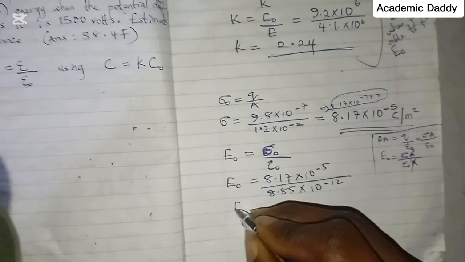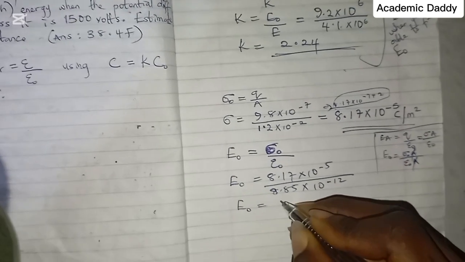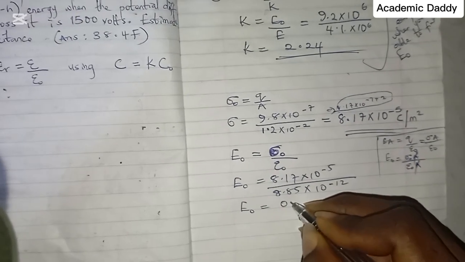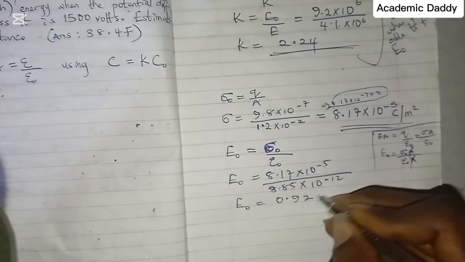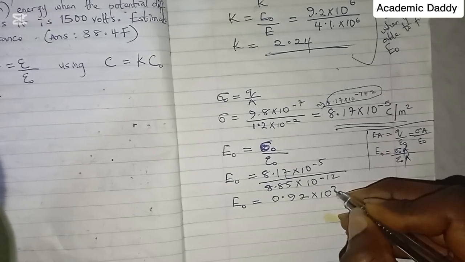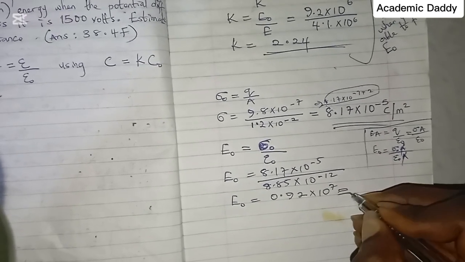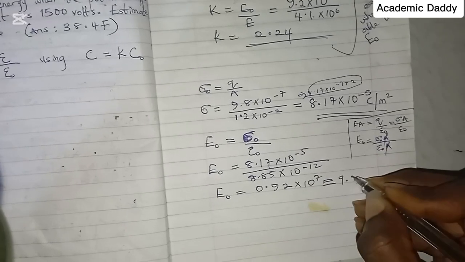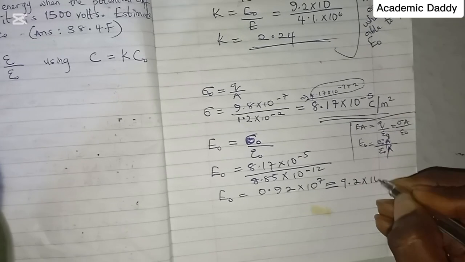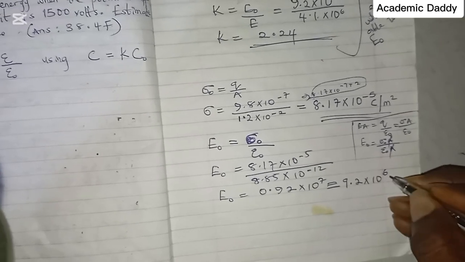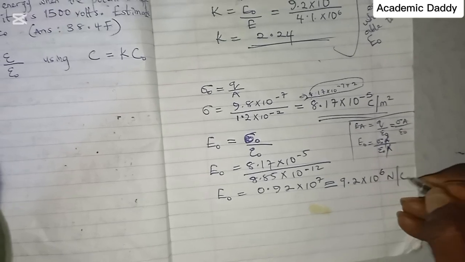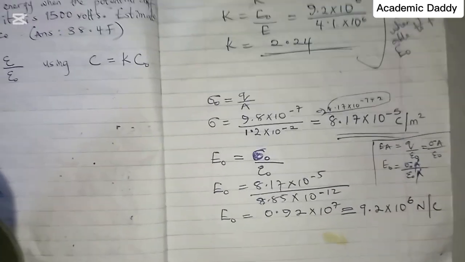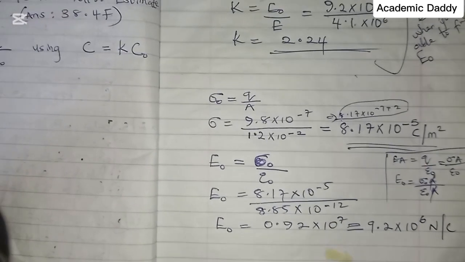If you punch it properly, it will give you 0.92 times 10 raised to the power 7, which is equivalent to 9.2 times 10 raised to the power 6 Newton per coulomb.